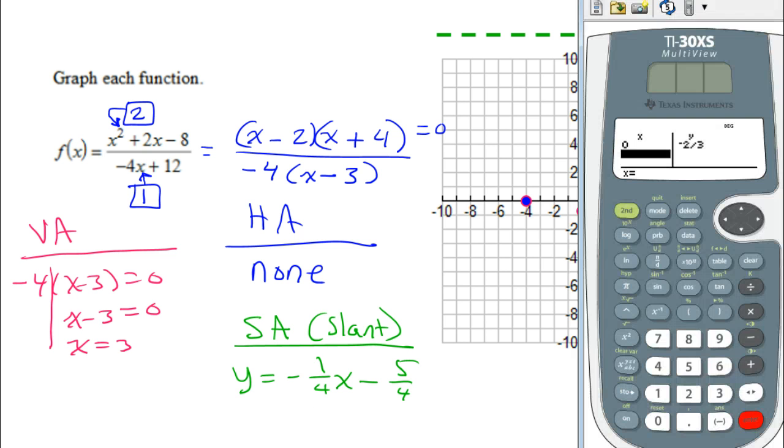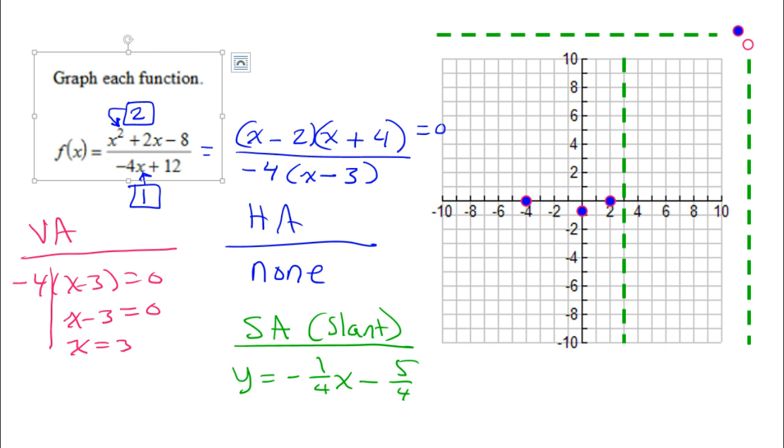Now 5/4, what is that as a decimal? 1.25. So this would be pretty tough to graph.